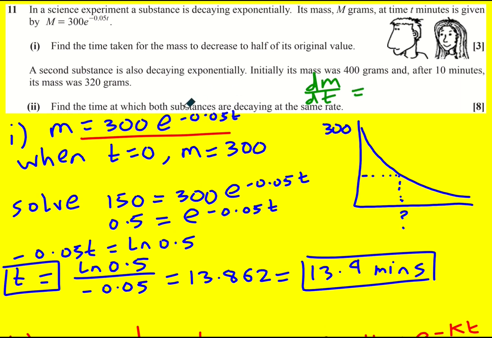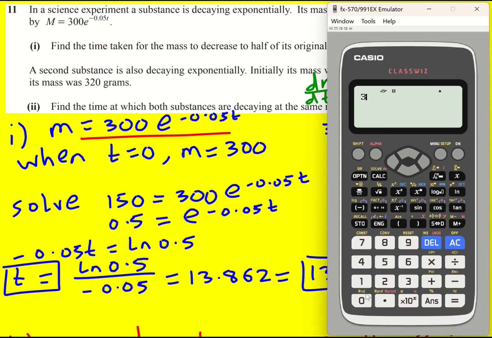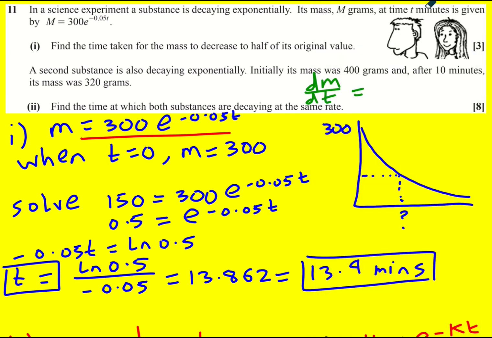When we do the derivative of this, I multiply through by minus 0.05, because that's essentially using the chain rule. So 300 times 0.05 is 15, so I get minus 15 e to the minus 0.05t.